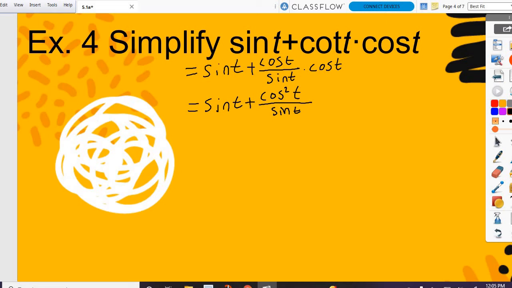Yeah. So another thing that we want to look for again is whenever possible we want to try and combine fractions, either by addition or subtraction.